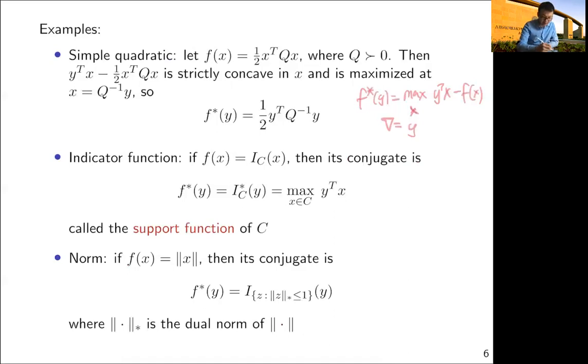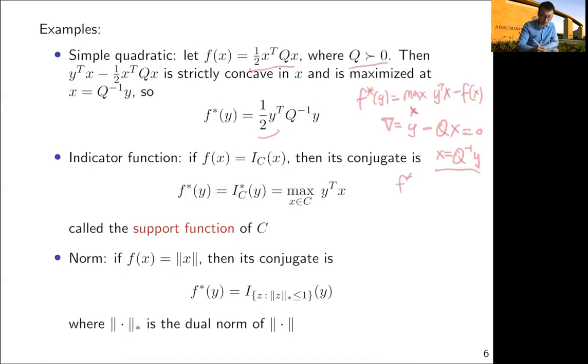In this case, let's take f to be the quadratic function. So the gradient would be y minus Qx. Setting that to 0 gives us x equal to, since Q is positive definite and therefore invertible, Q inverse y. Let's substitute x equals Q inverse y into the objective value to obtain the conjugate.